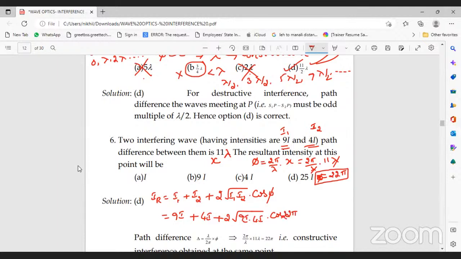You know the value of cos n pi, right? It is -1 whole power n.